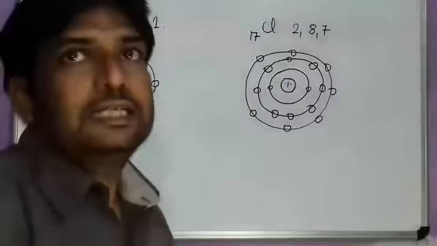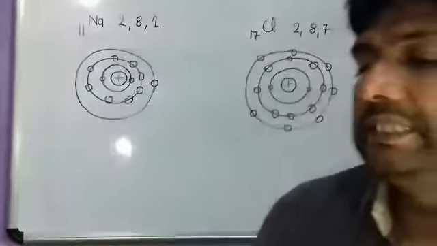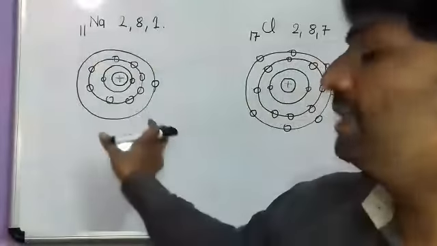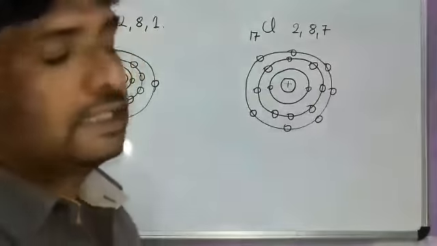The last shell of sodium has 1 electron, and the last shell of chlorine has 7 electrons.